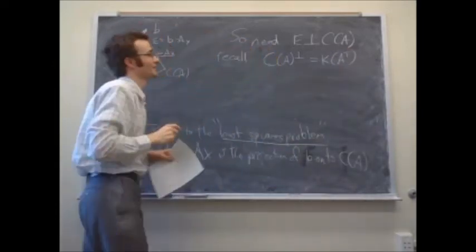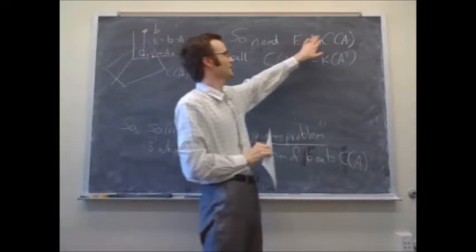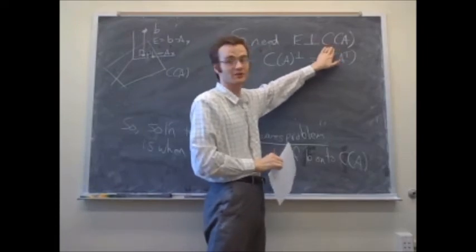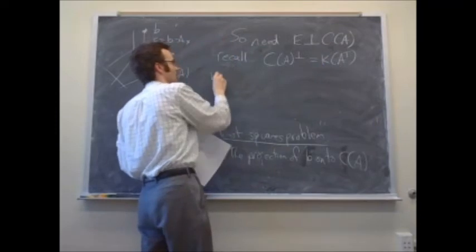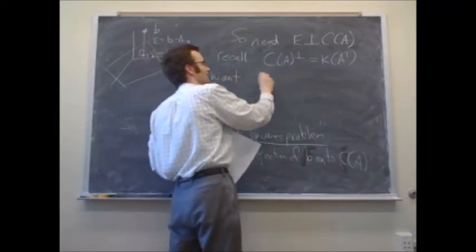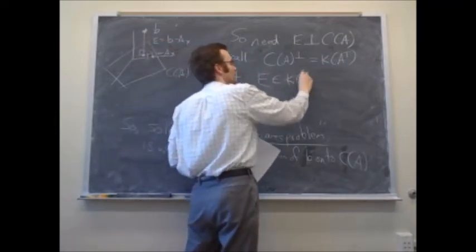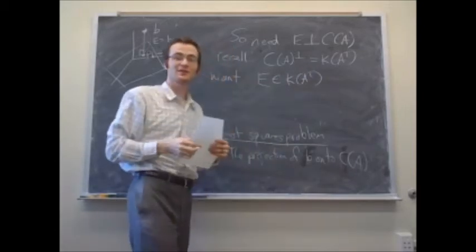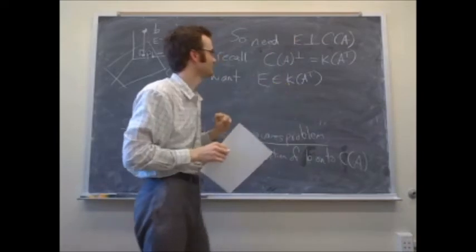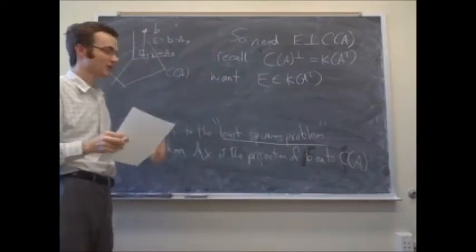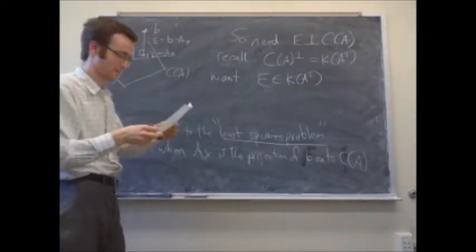We already proved that. So if we want E to be orthogonal to the column space, that means that really what we want is E in the kernel of A transpose. These two statements are the same. So we want E to be in the kernel of A transpose.